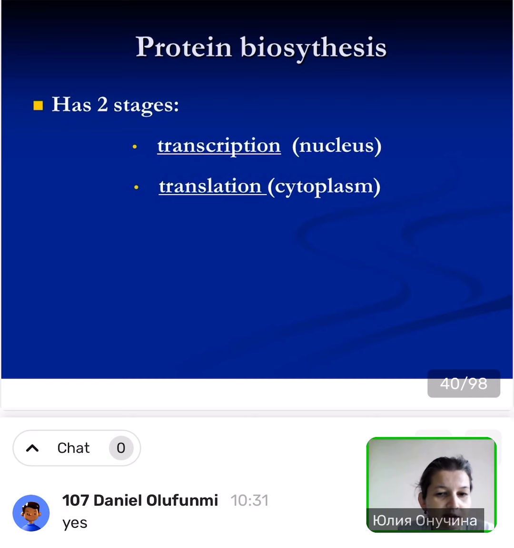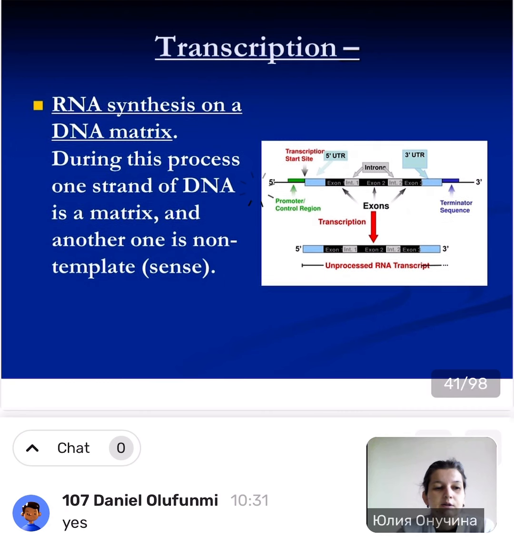They are transcription and translation. They are always present during biosynthesis, in prokaryotic cells and in eukaryotic cells. But in eukaryotic cells there will be two new stages also.